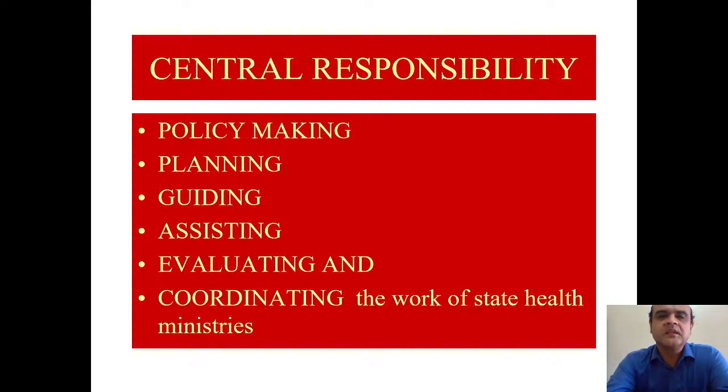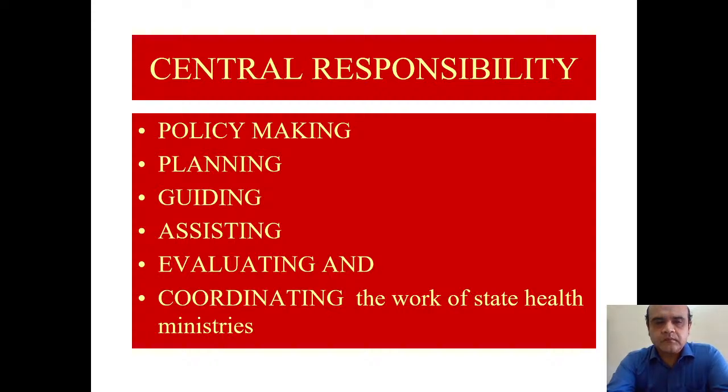So there is a planning system, planning body, planning cycle, where they plan everything: how much fund should be allocated for a particular program, how much fund should be utilized in a specific way, how much funds to be given to the state, and state fundings also, evaluation of state funding, and how the expenditure should go to benefit the people in a preventive way, curative way, and rehabilitative way.